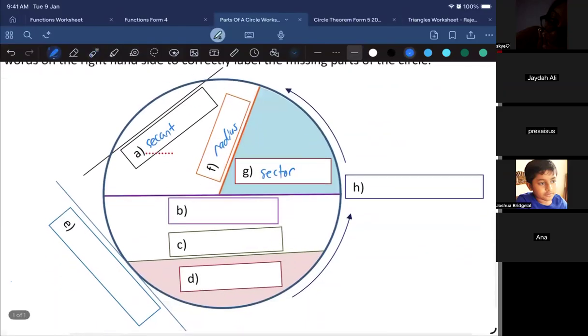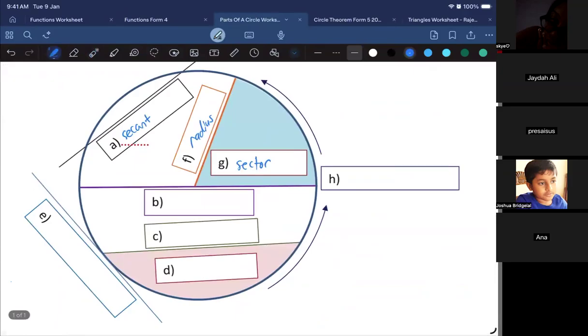What would I call H? Circumference, right? What about B? What is B? Yeah, it's the diameter. Joshua, you answer C. What is C? A chord.